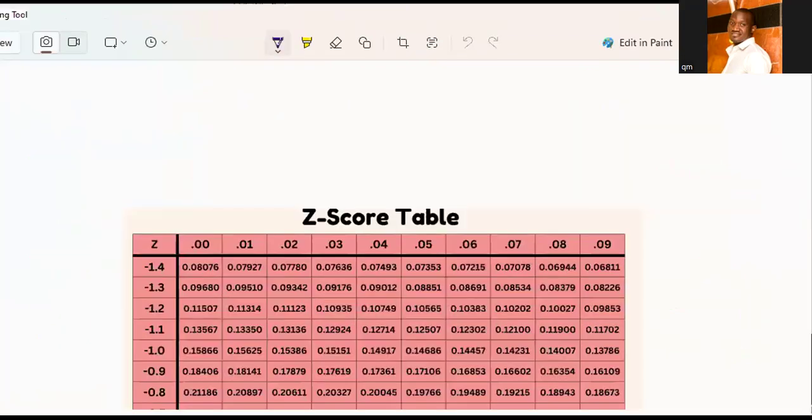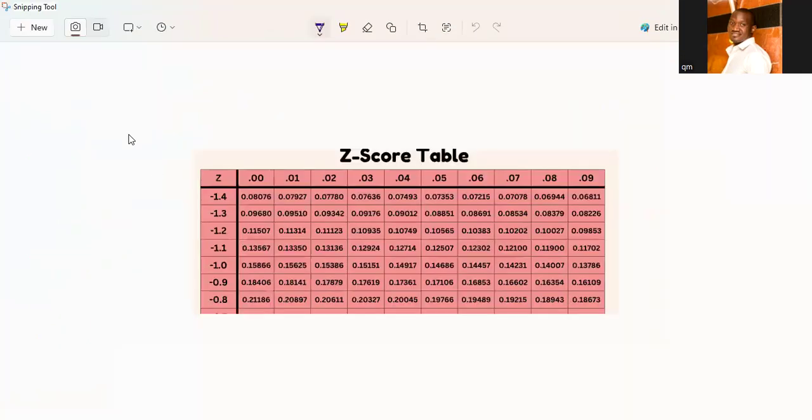So there are 3 steps that you need to understand. Find the probability that x is less than 3.